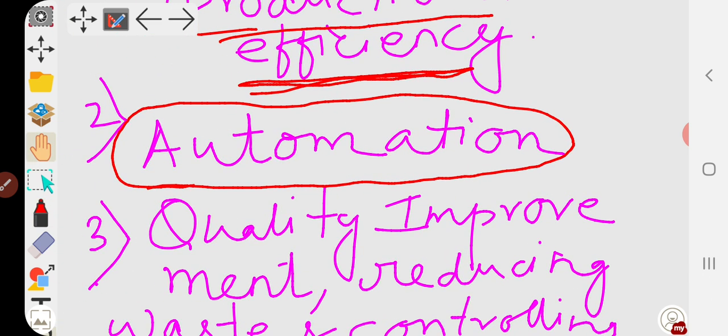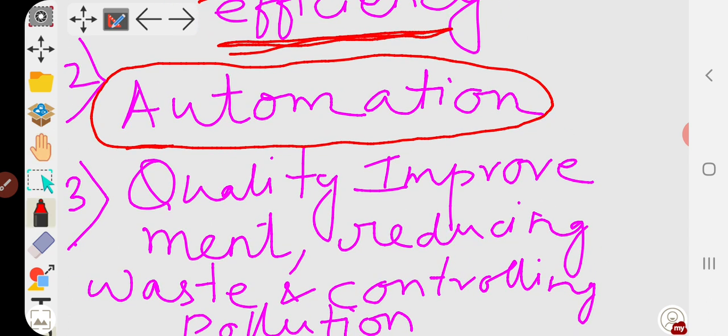When we are having an automatic washing machine, our work is just to put the clothes with the detergent and water and the tap to be open, and we'll just do the programming according to the fabric that is being given to wash it out. So, we'll just switch it on and program, and the rest of the work will be done by the machine itself. It is automation.